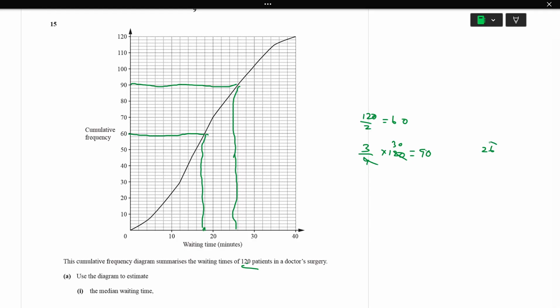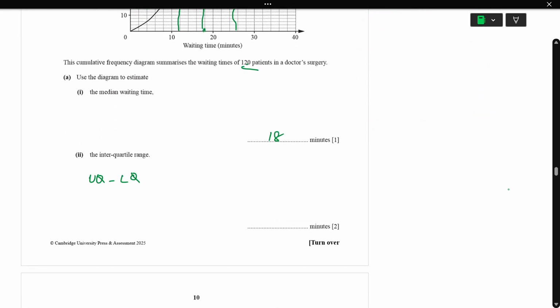So 26 minutes. Next, the first quartile, 1/4 of 120, which is 30. We check 30, which is 12. So upper quartile is 26 and lower quartile is 12. 26 minus 12 is 14. So 14 minutes.